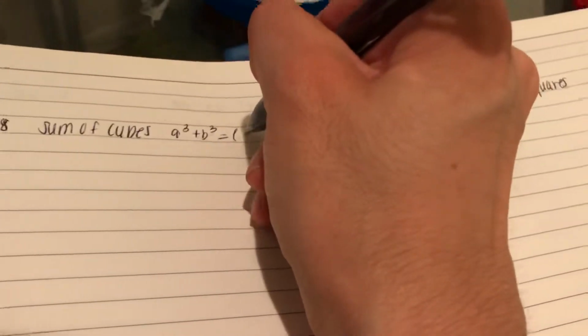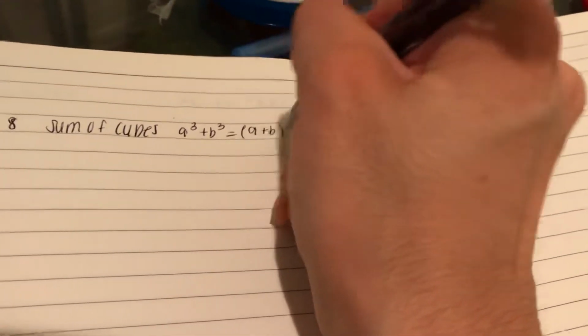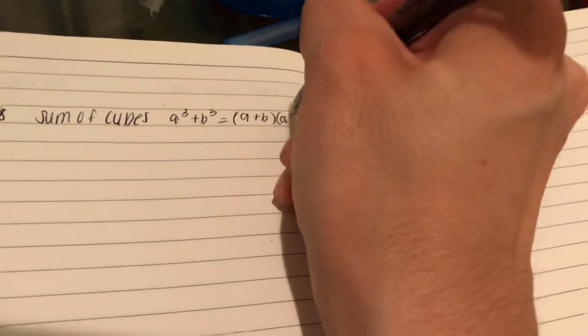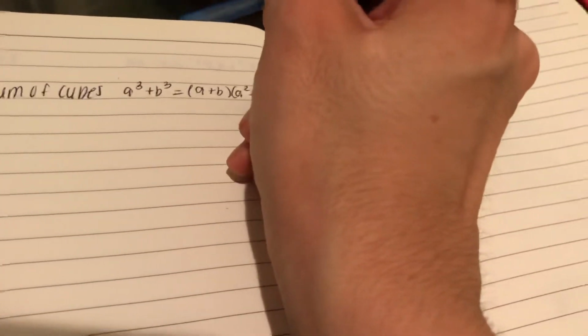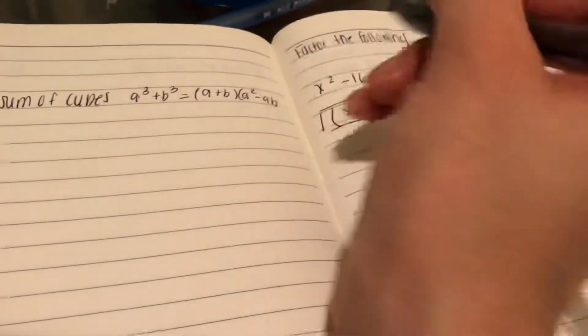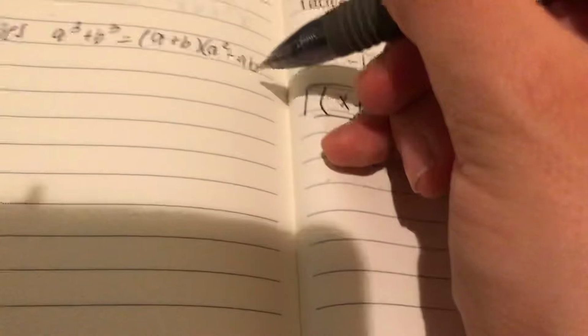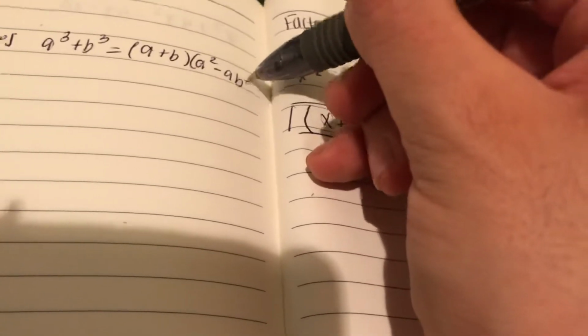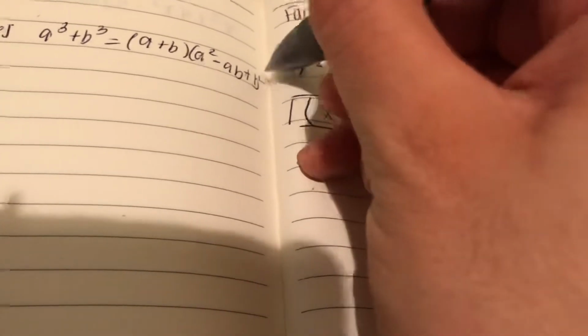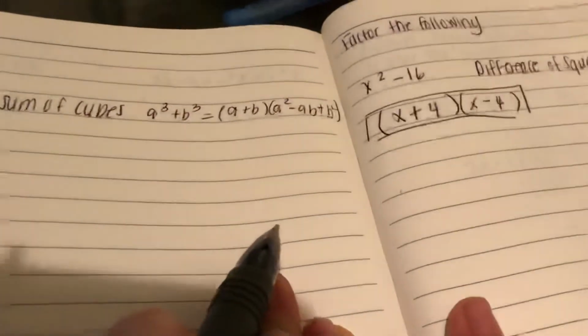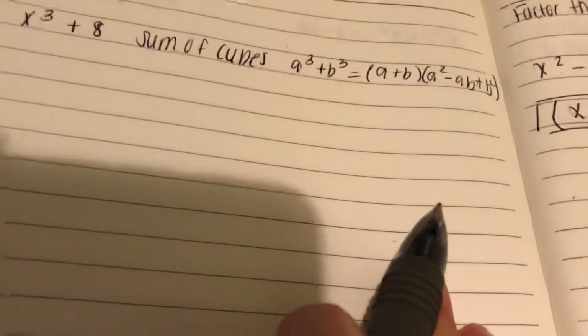So the first operation is always the same. The second one is the opposite, after squaring the a term, multiplying a times b, and then you're going to add b to the power of 2. It's hard to see. All right, like that.